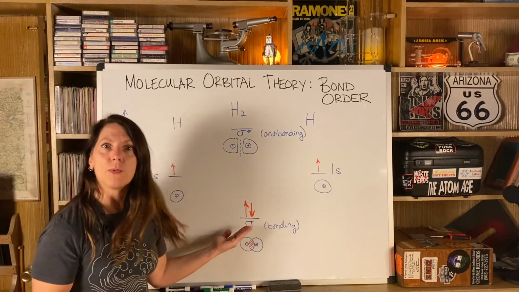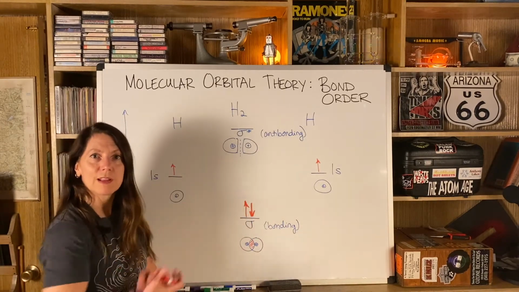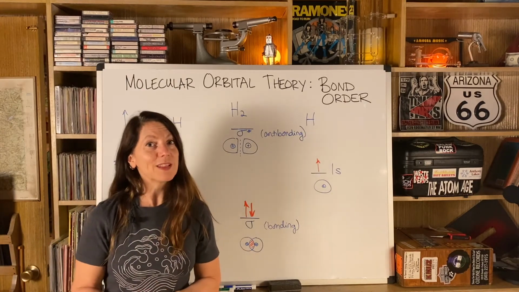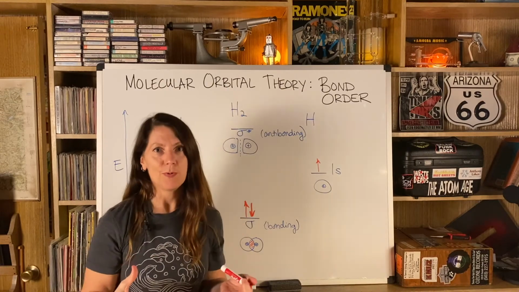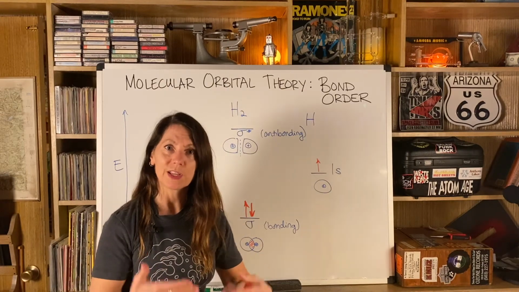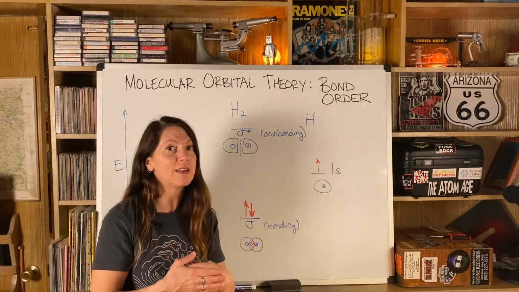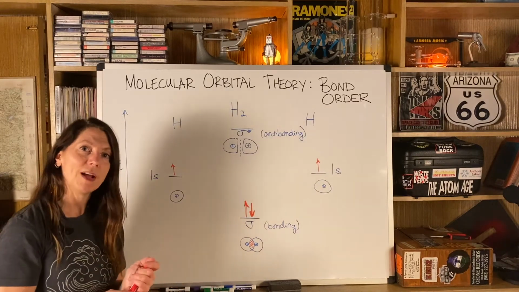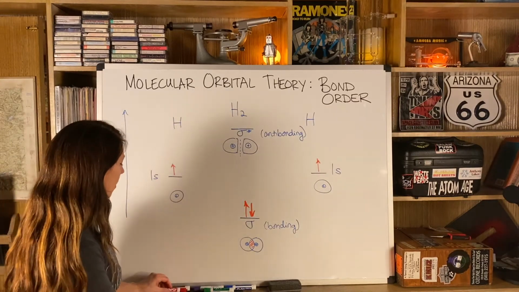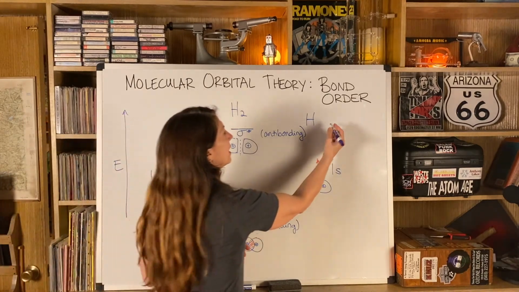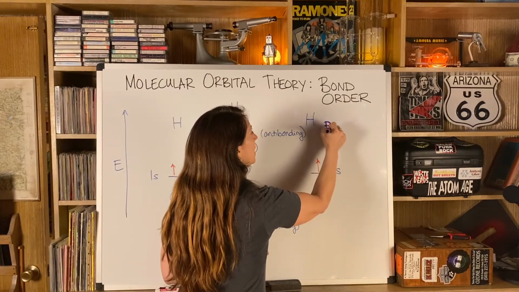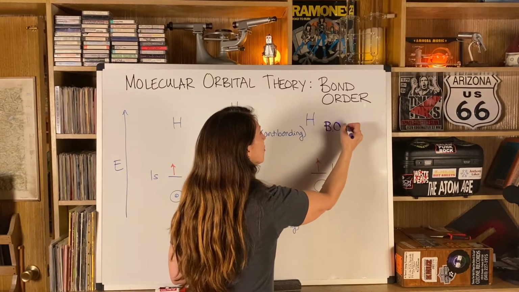All right, so we have constructed our molecular orbital diagram, and we can look at the bond order. This is going to give us an overall viewpoint of how stable this molecule is, how stable that bond is between the two hydrogens. And so our calculation for bond order, we'll put it over here. BO, I love that abbreviation.